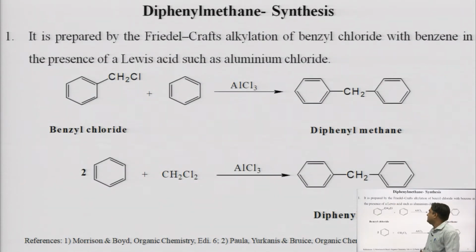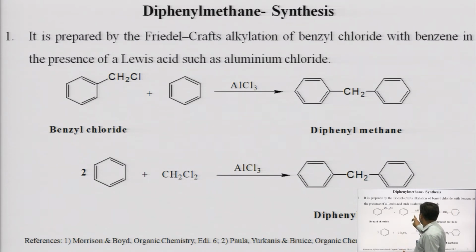Now, coming to the synthesis of diphenylmethane. It is very easy. It is prepared by the Friedel-Crafts alkylation reaction. As you can see, we are reacting benzyl chloride with benzene in the presence of a Lewis acid. We are using AlCl3, aluminum chloride, as a Lewis acid here. So Friedel-Crafts alkylation occurs, and both the rings are joined together.